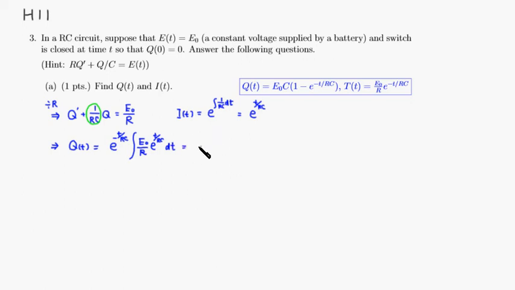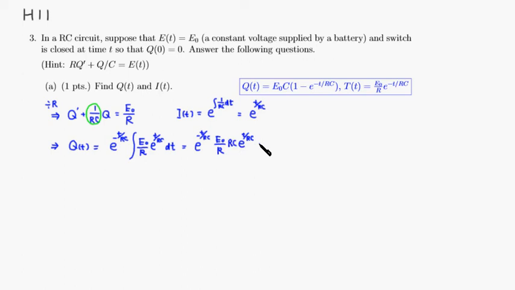So this is going to be equal to, all right, so you have e to the negative t over RC and E0 over R. All right, so then the antiderivative of that would be e to the t over RC over 1 over RC, which is multiplied by RC, right?